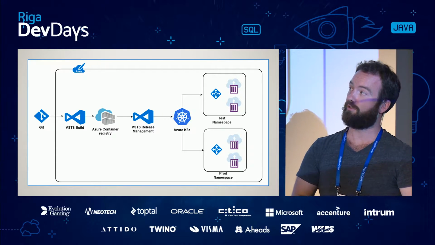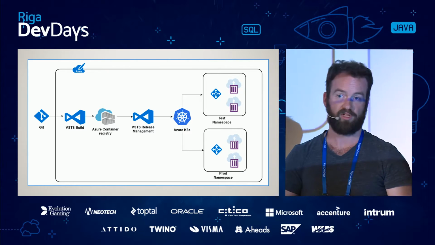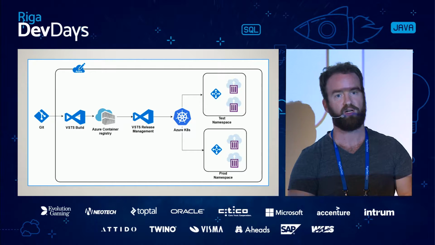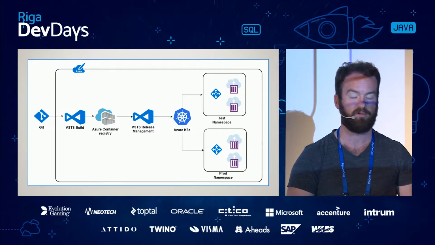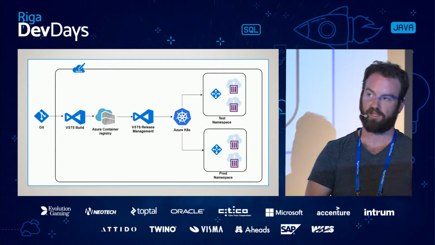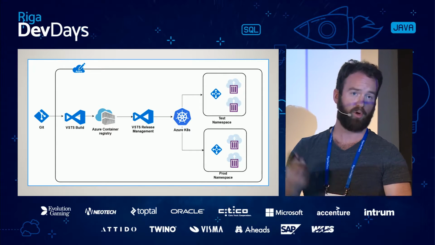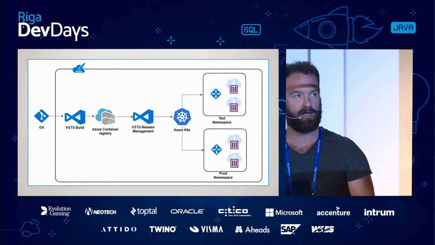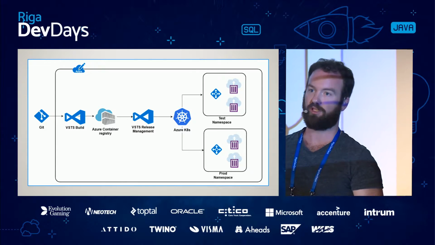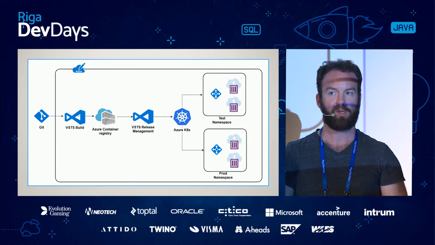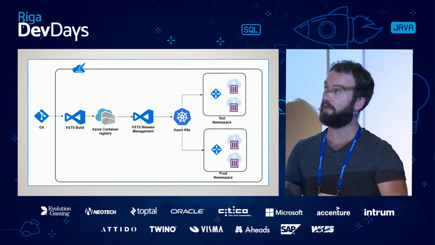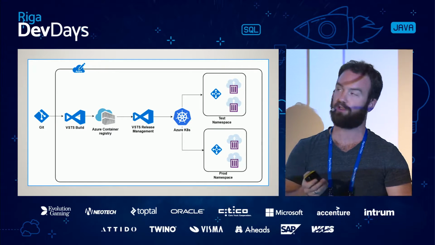Then we go and use something called the Azure Container Registry, which is just like your Docker Hub or any other Docker container registry, just securely hosted on Azure. You can use RBAC and all of that to make sure that only certain processes or people can access those containers, sorry, images.